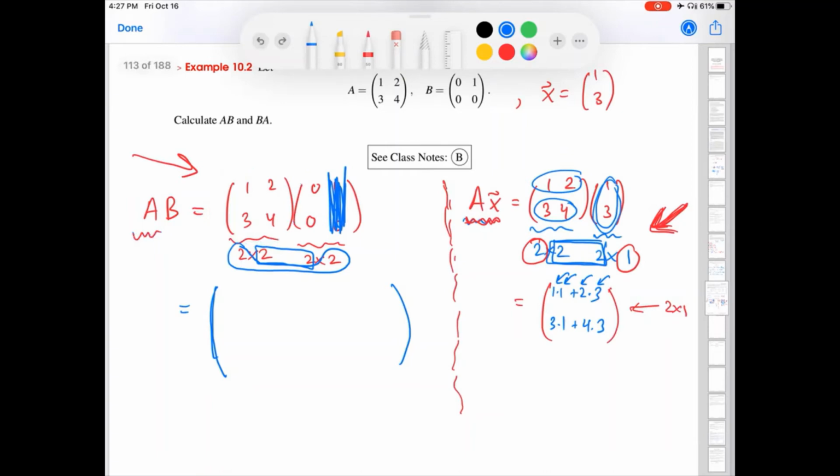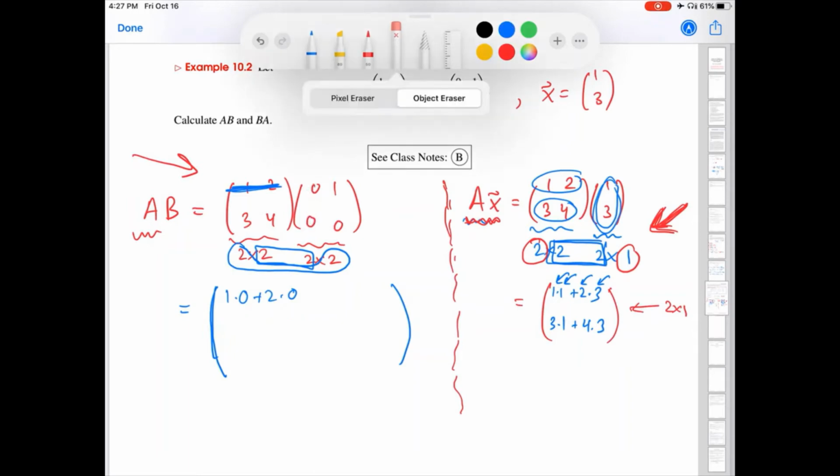How would I do that? I would do first row times this column: 1 times 0 plus 2 times 0. Notice that that was the result of multiplying the first row by the first column, so it goes in the first row, first column of this new result.